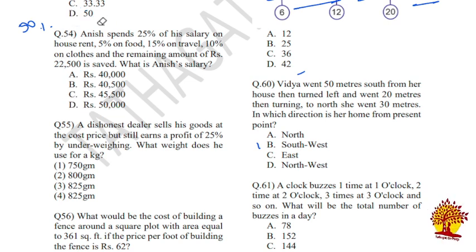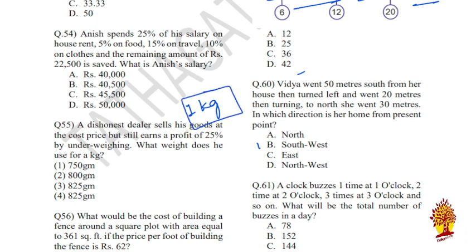Instead of a 1 kg weighing bar, he will use less than 1 kg, but sells saying he has given 1 kg, so he earns a profit of 25%. What weight does he use for 1 kg?